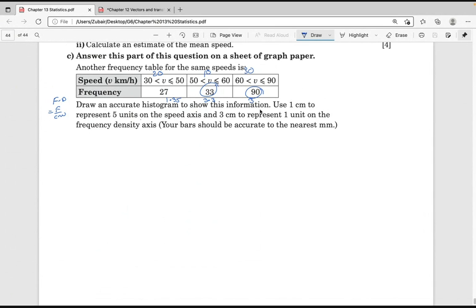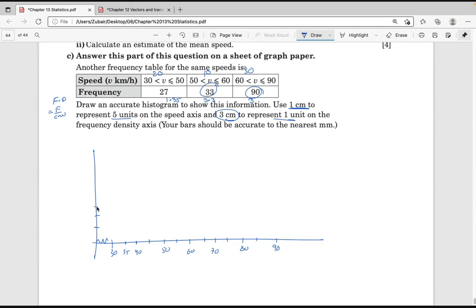Draw an accurate histogram to show the information. Use 1 centimeter to represent 5 units on the speed axis. So if this is 30, 1 centimeter is 35, then this is 40, 2 centimeters is 10, 50, 60, 70, 80, 90. We have to follow it strictly. Then it says on the frequency density axis, 3 centimeters to represent 1 unit.